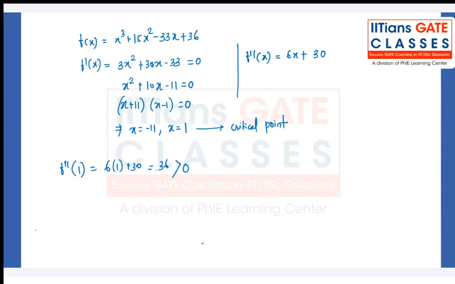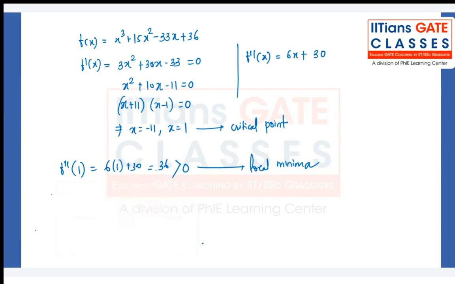And we know that if the double differentiation is greater than 0, that is nothing but your local minima point. When you calculate f of 1, you will get the minimum value of the function.